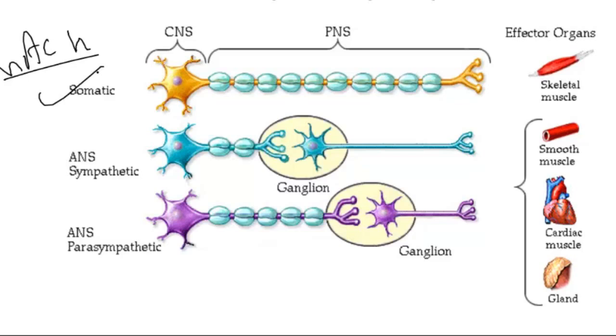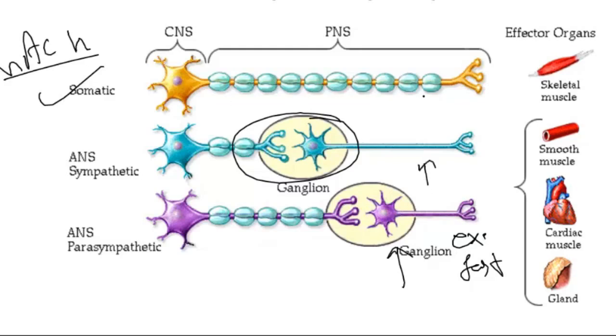Thus the action of acetylcholine on the postganglionic neuron is direct, fast and excitatory. So for postganglionic neurons it's always excitatory and always fast, for both sympathetic and parasympathetic neurons.